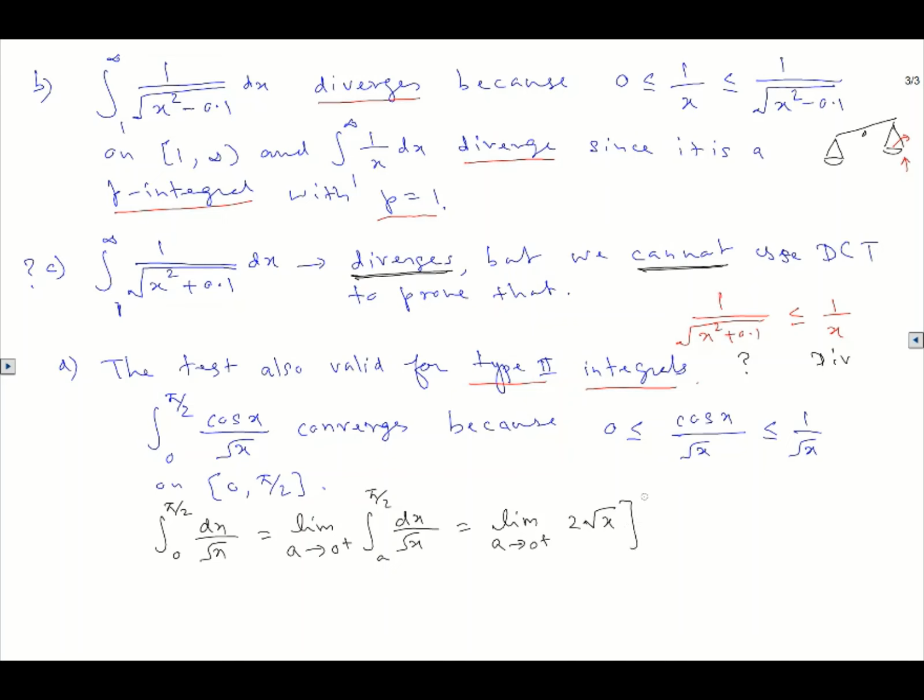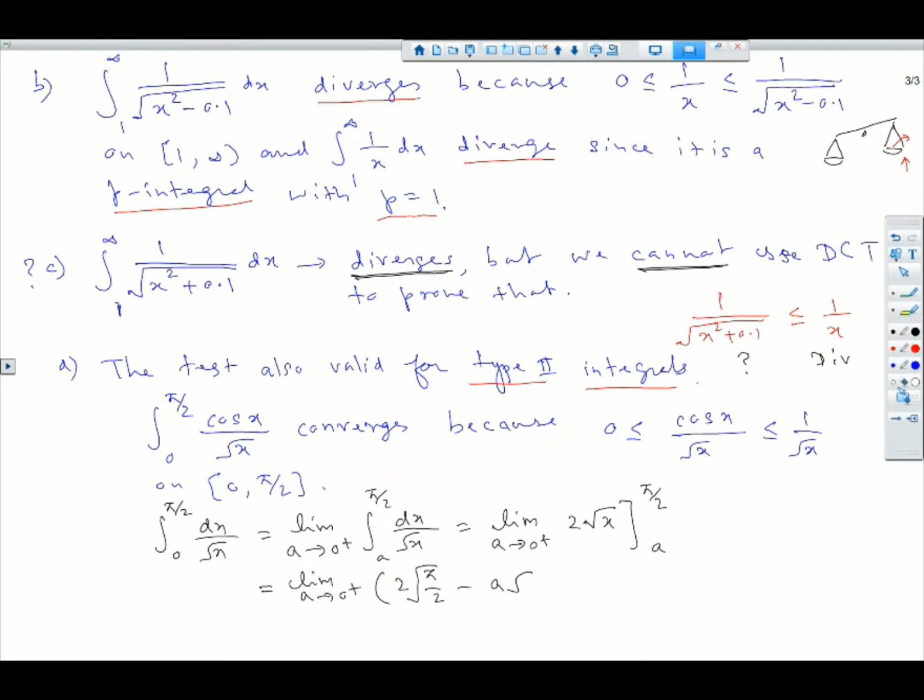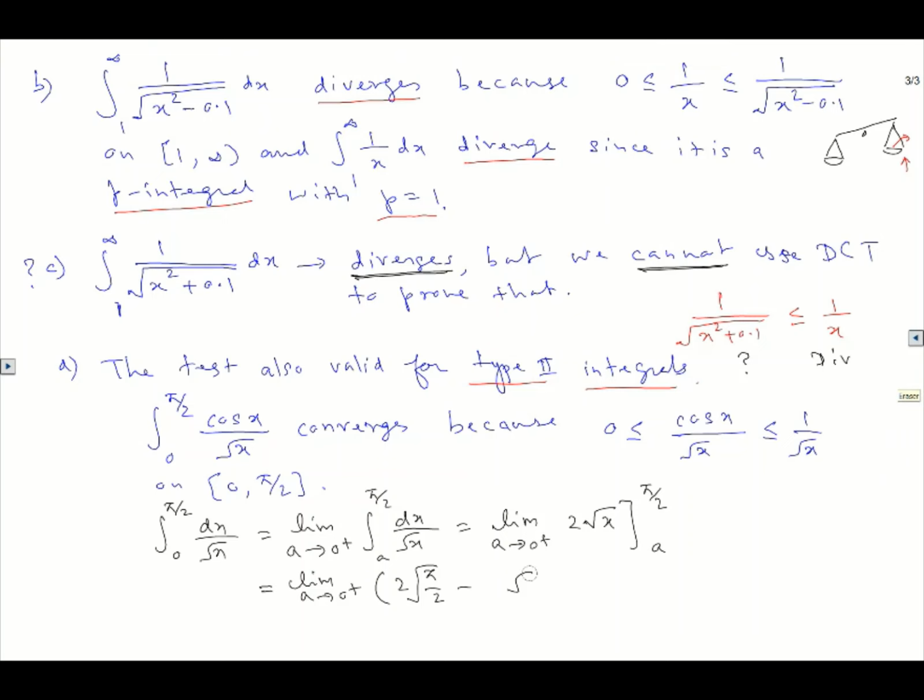You can evaluate at pi over 2 and a, and if you plug in those 2 points, what you're going to get is the limit as a goes to 0 plus. If you plug in pi over 2, it is 2 square root of pi over 2, minus 2 square root a.